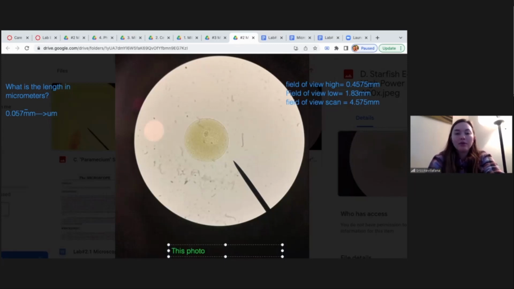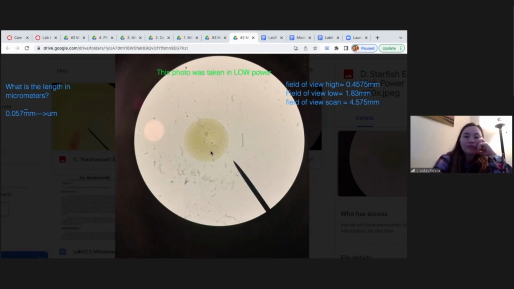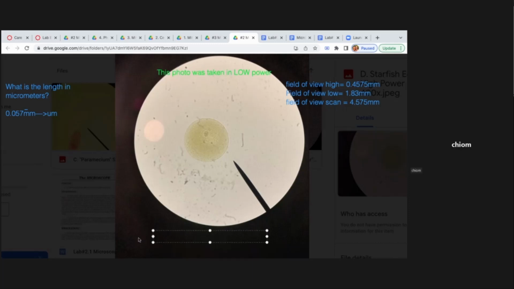This photo was taken in low power, okay? If this photo was taken in low power, can anybody tell me the field of view of this microscope we see?